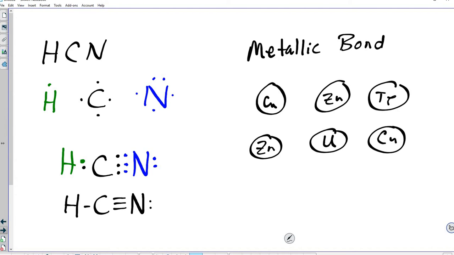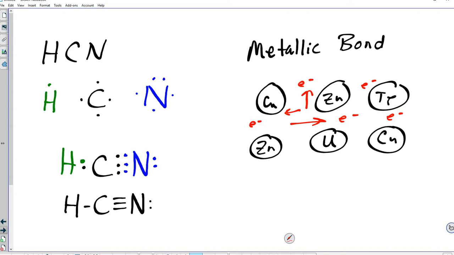So it can have a lot of different things in here. What happens with the electrons is they are free-flowing. So they are a sea of electrons, and they can move anywhere they want to. They're just sort of moving around in the sea of electrons, where the metal ions or the metal atoms that are in the center there are just like houses on a block. And the electrons can move around that block however they want to.